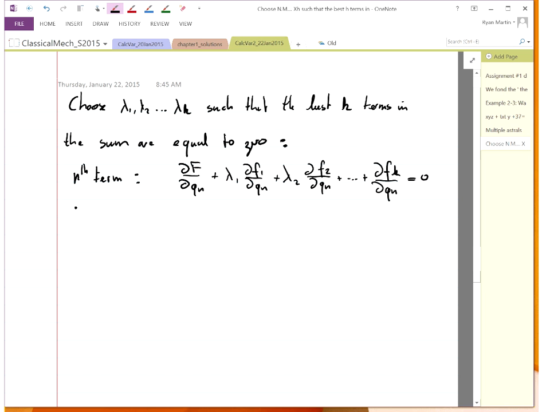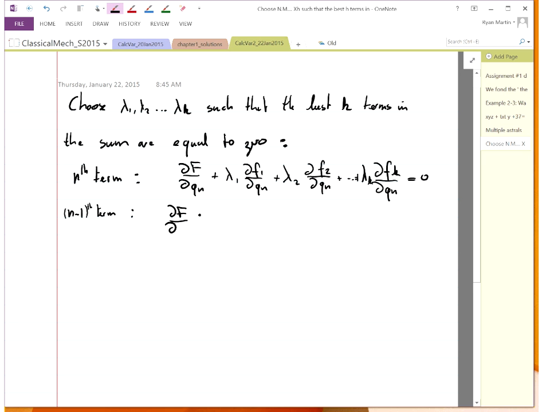So it's the last k terms. I'm choosing the lambdas so that the last k terms in the sum are equal to 0. So the last term is this. The second last term is the n minus 1 term.